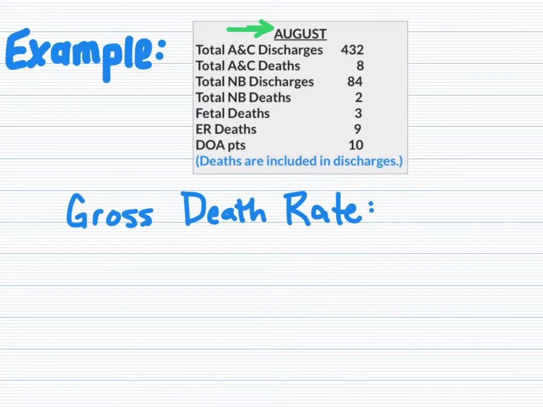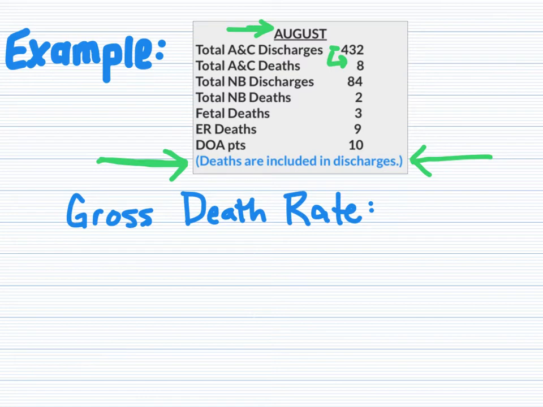Total adults and children deaths, 8. It's important to note down here, and you will see this in your book, and it makes a difference. It tells us deaths are included in discharges. So this 432 includes the 8 deaths. Of all 432 discharges, 8 were deaths.